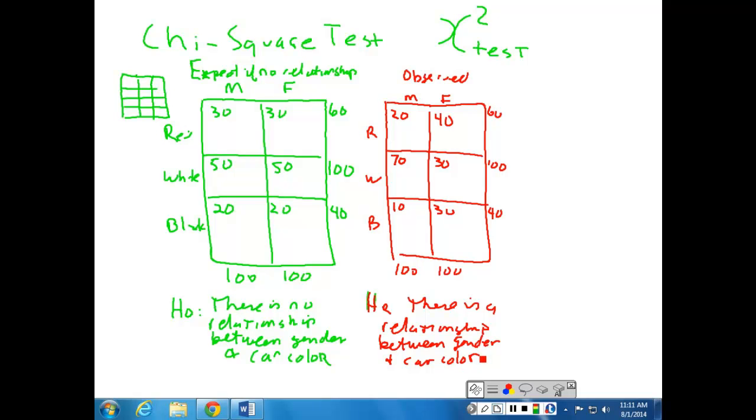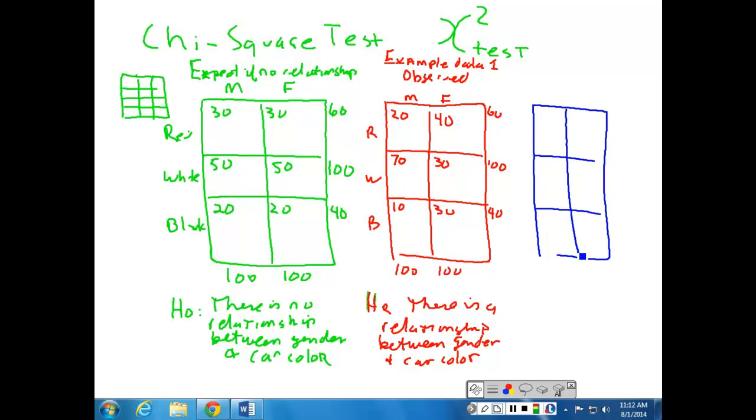We'll call this example data 1. So let's just say, now that wasn't the data. That's one possibility. Let's say that we had this data. Actually, I'm going to show you a couple of things here.